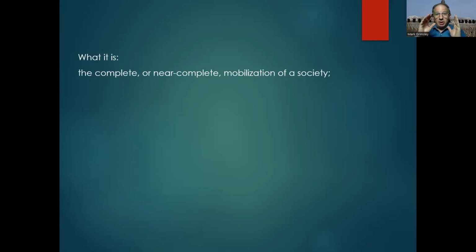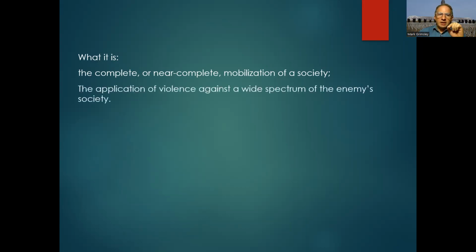Well, what is it? It involves the complete or near complete mobilization of a society. By the way, this is my own definition, but it is the correct definition, and there's no definition that's superior to it. So pay attention. Coupled with the application of violence against a wide spectrum of the enemy's society.